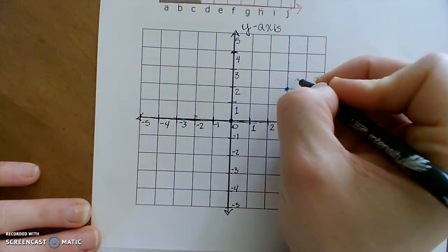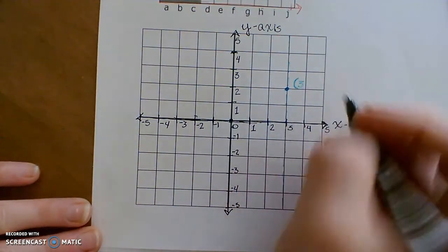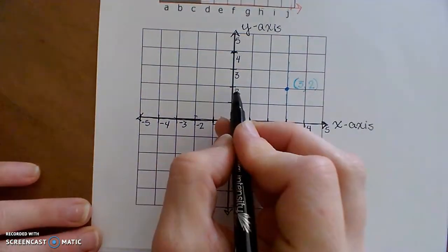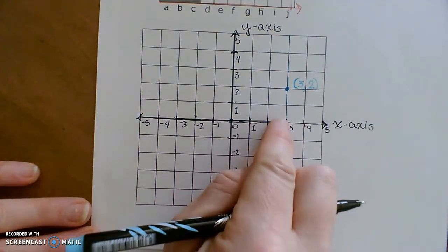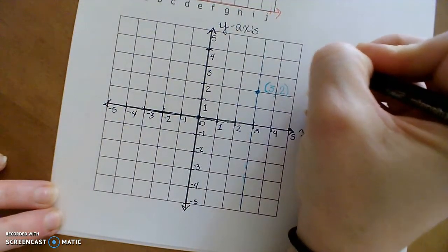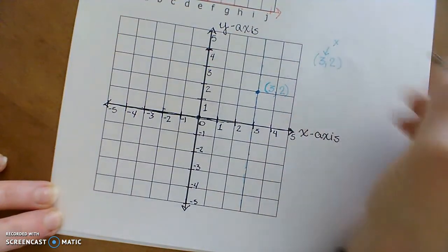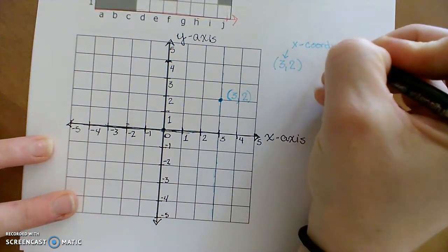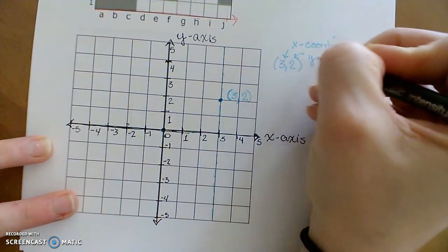So this point has the coordinates 3 for the x-coordinate and 2 for the y-coordinate. So again, 3, 2 is 3 units right, 2 units up. So 3 is called the x-coordinate, and 2 here is called the y-coordinate.